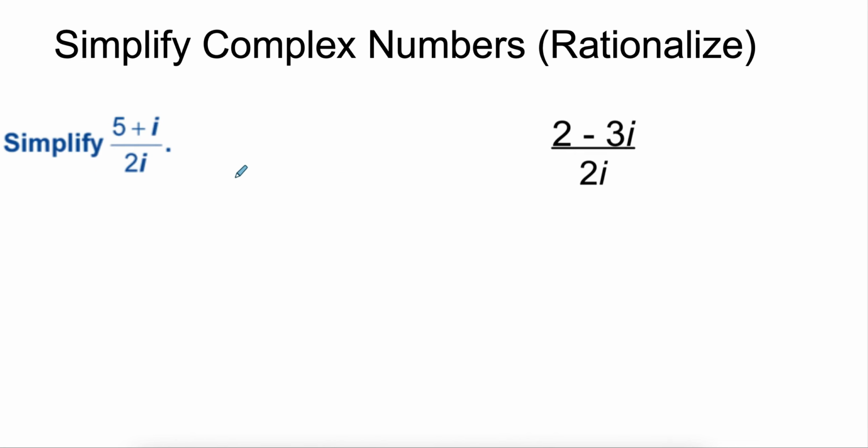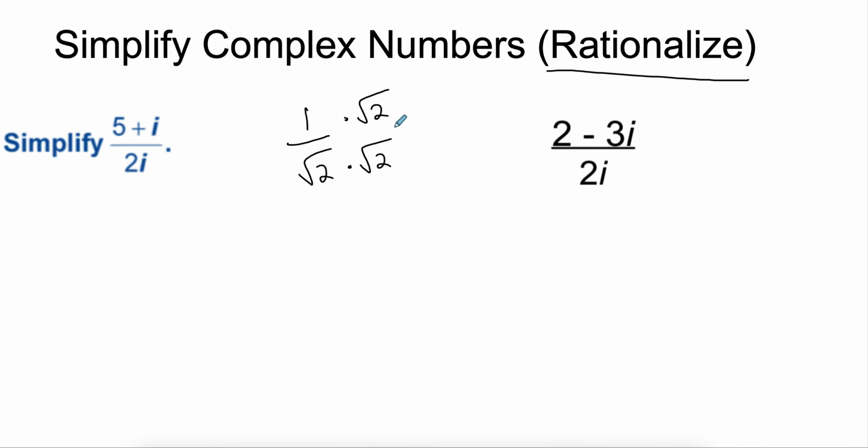Okay, on to simplifying. So if you have an i on the bottom, that's like a square root in the bottom, and kind of remind you of when this happens. We cannot have square roots in the denominator, so what you have to do is fix it by using what's called rationalizing. Okay, so to rationalize, I multiply it by itself on top and bottom.